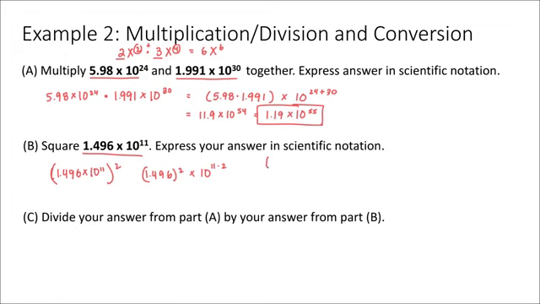Just as a jog of memory, x cubed squared is x to the power of 6; we multiply the 2 and the 3 together. So this gives me 1.496 squared, which on my calculator is 2.238 times 10 to the power of 22.